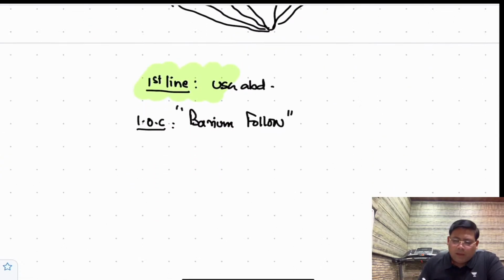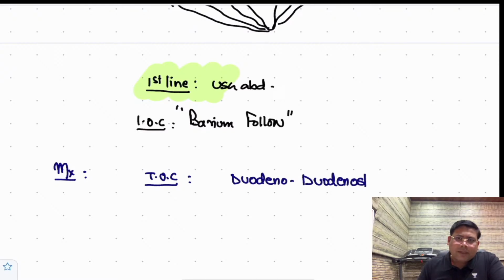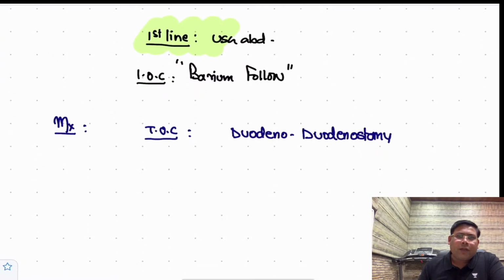Now what is the management? Try to understand the management. The treatment of choice is duodenoduodenostomy, but this has a typical way of being done. This is like a diamond anastomosis. This is very important.